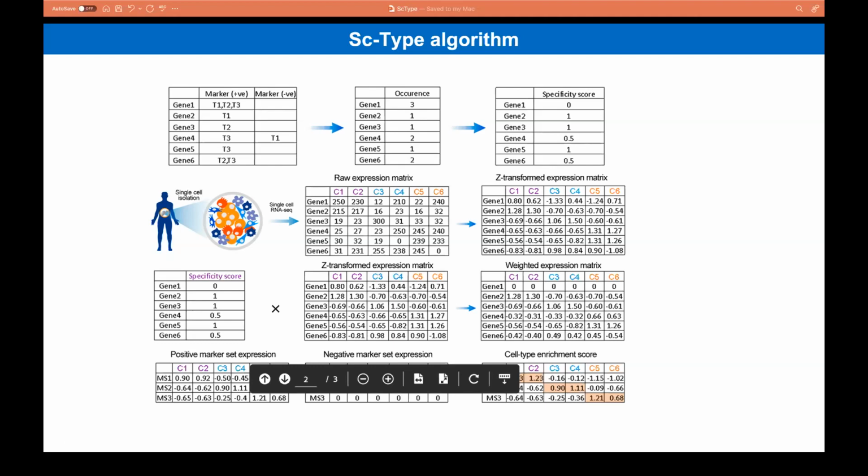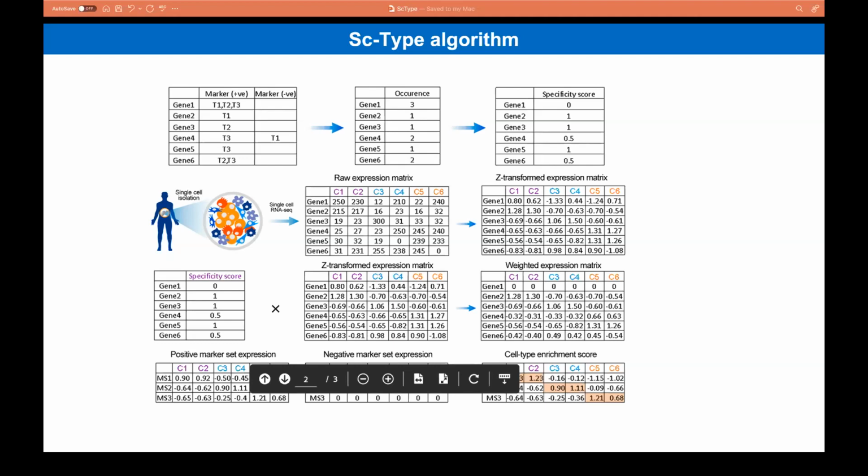Sorry for not explaining that. One of the unique approaches that we take is that all the other methods use just positive markers. For example, if a gene is expressed in a particular cell type, they consider it as a marker for that specific cell type.